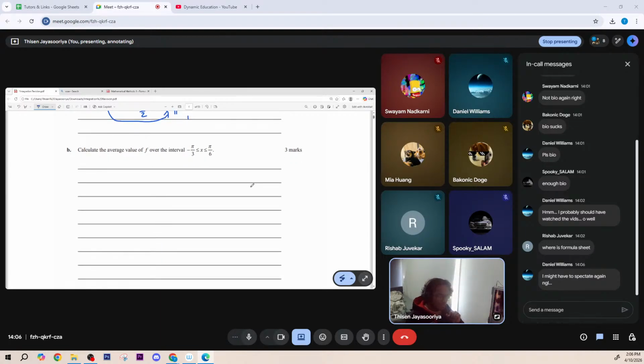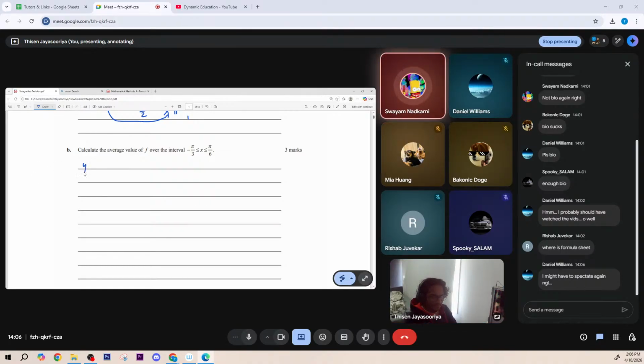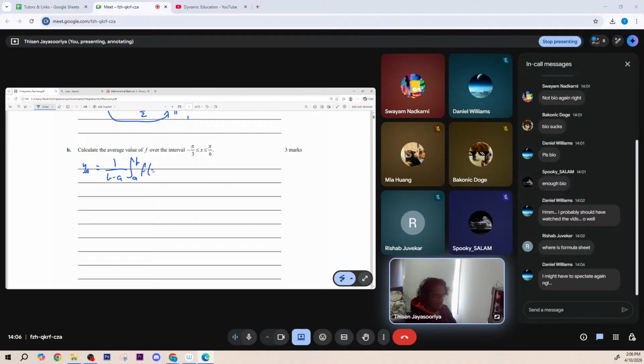Sway, do you know the average rate of change formula? One over b minus a, integral of a to b, f of x dx. So I'll phrase it as the integral from a to b. Yeah, that's the phrase that I'll use. Alright.